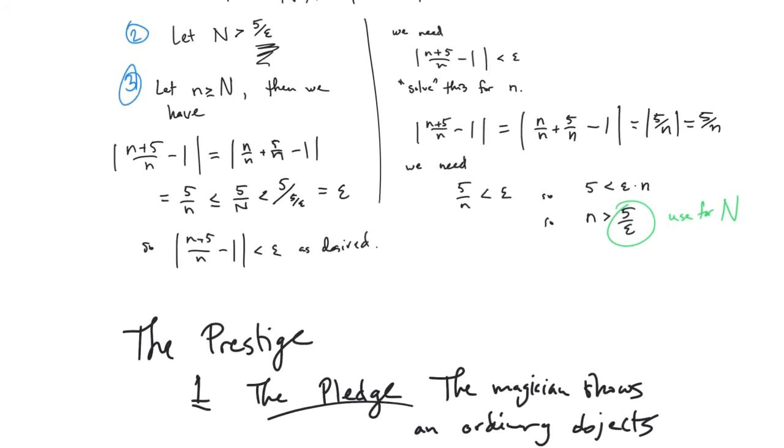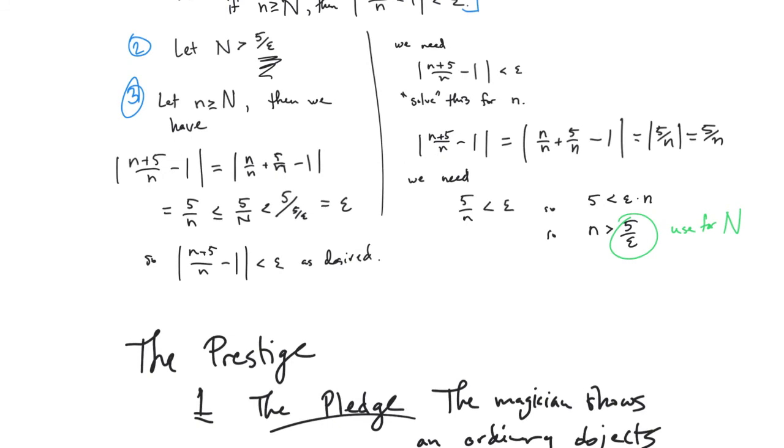This is what I say is step 2. In a magic trick, if I have a big hat, I show you the hat. It's a normal hat, right? You say, yeah, it's a normal hat. And then I pull the rabbit out of the hat. That's the turn. This is like step 2 in a proof like this with the epsilons, where you are doing something with these ordinary things that are laid out.